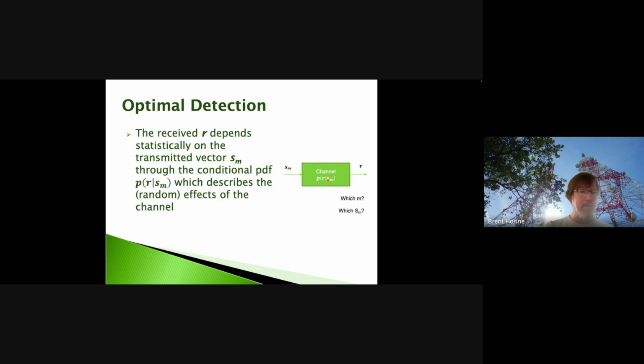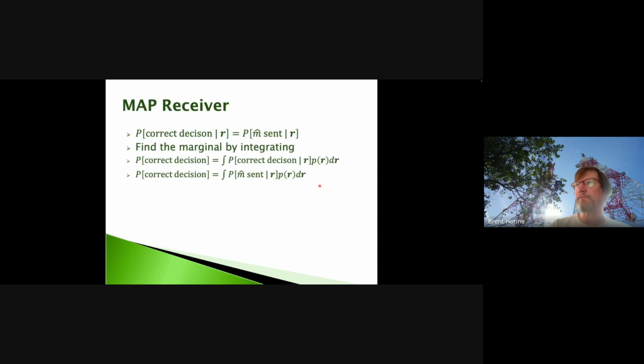So if we know something about the channel, then we can calculate this probability, right? So that from a simulation standpoint is what we can work with, right? But this is what we're trying to optimize, right?